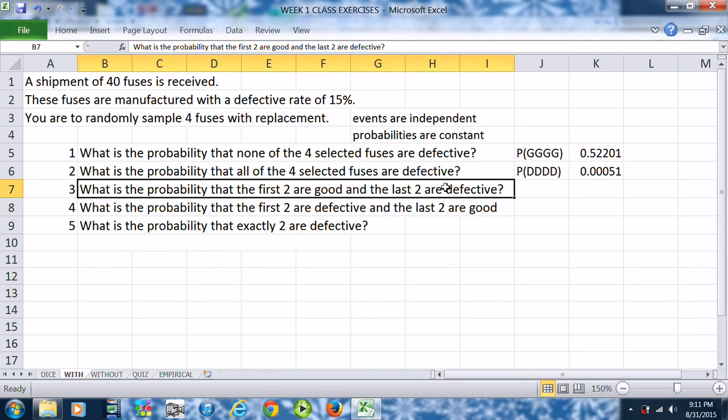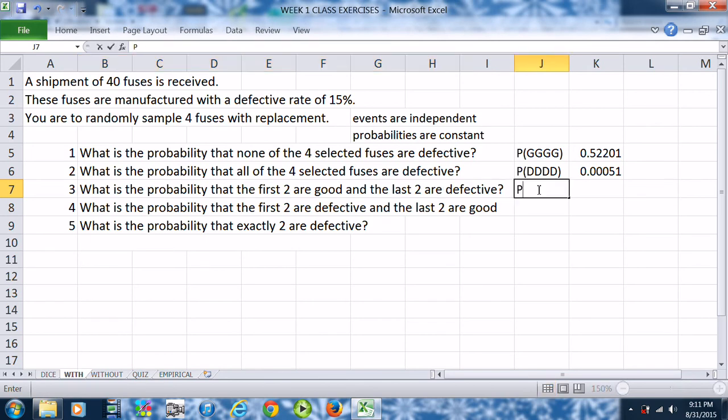Now we want the probability the first 2 are good and the last 2 are defective. So that's the probability of good, good, and defective, defective. So we see the first 2 are good. The probability of good is 0.85. We have 2 of them, so we'll square it, times, that's the AND, the next 2 are defective, so 0.15, there are 2 of them multiplied by themselves, so we can square that.